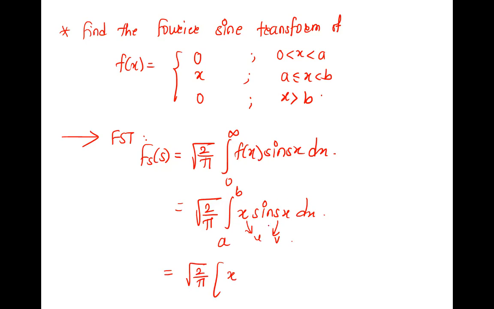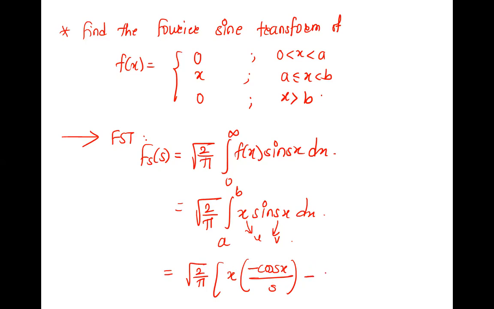Integration: u as it is, v1 means first integration. What is the integration of sine? Minus cos. Right, minus cos sx upon s. Is this correct? Yes, ma'am. Right, because it is with respect to x, so s is constant. It will come down. Then there is the sign minus minus.